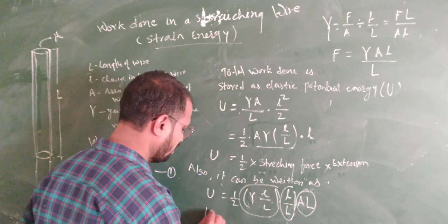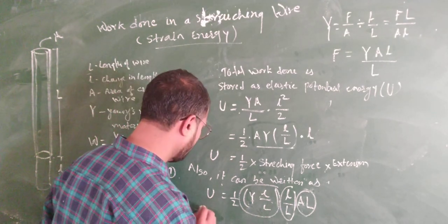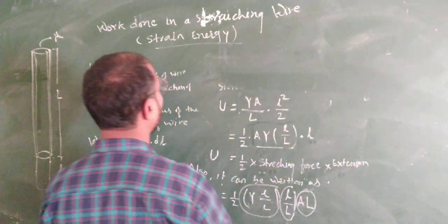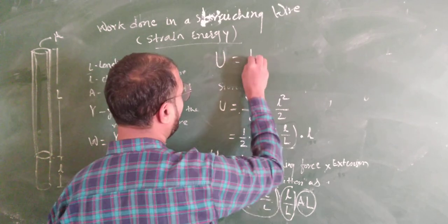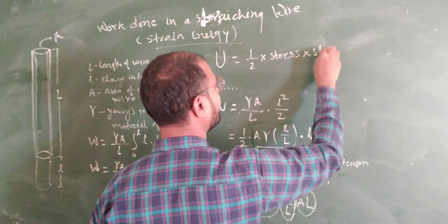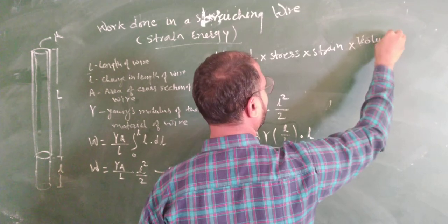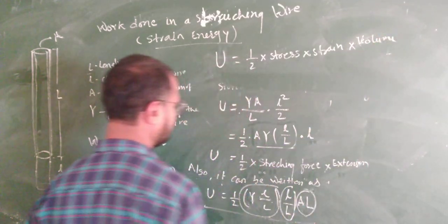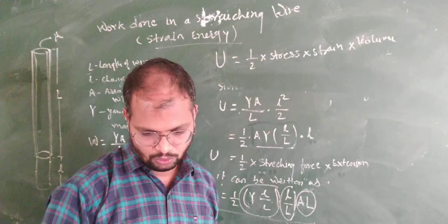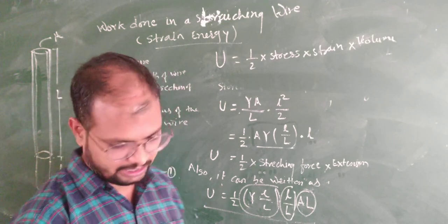So from this equation we can say that U is equal to half into stress into strain into volume. So this quantity, the elastic potential energy, is equal to half into stress into strain into volume. Here U represents the elastic potential energy.